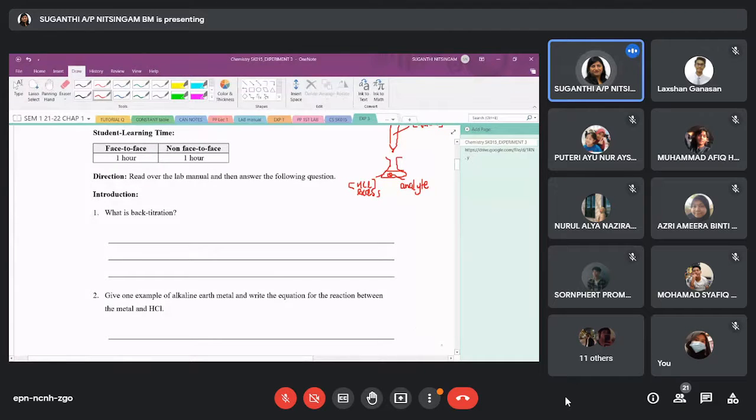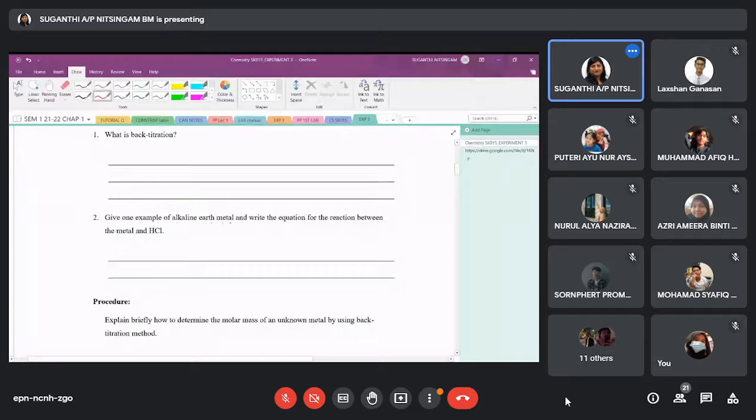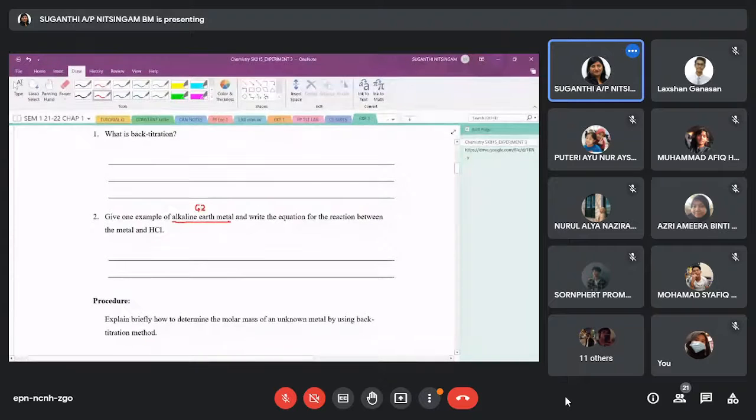Okay, between a metal, alkaline metal, this is group 2. Group 2 metals. So an example we can use is magnesium. Some more, what is in group 2? The easiest one, potassium. Yes, but potassium is group 1, right?